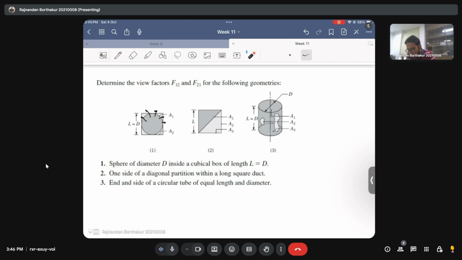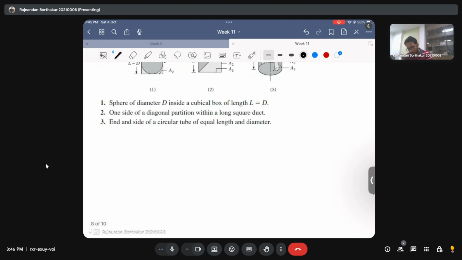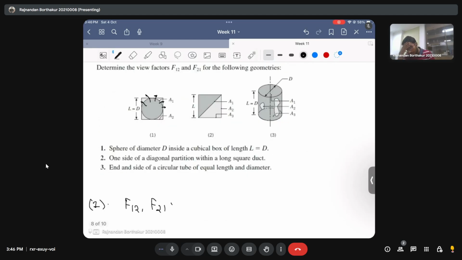So f12 is the fraction of radiation leaving surface 1, the surface of the sphere, that is intercepted by the cubical box, and the other way around is f21. So let's try to solve problem 1. We require to find this f12 and f21, and let's see what we can infer.